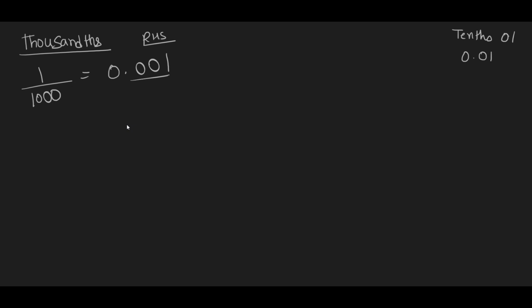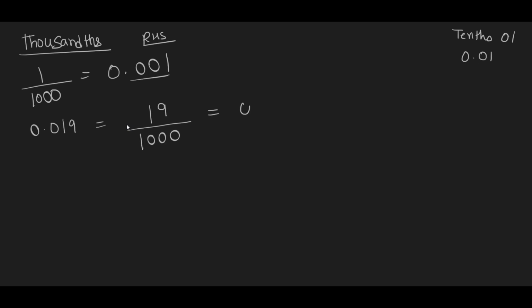So this 1 upon 1000 equals 0.001. Suppose you have a number, for example, 0.019. So this is what? 19 upon 1000, and how many digits are there? 1 2 3, so 3 digits.